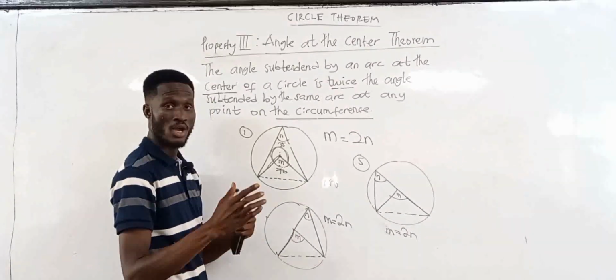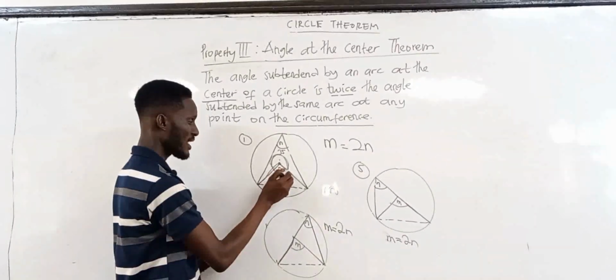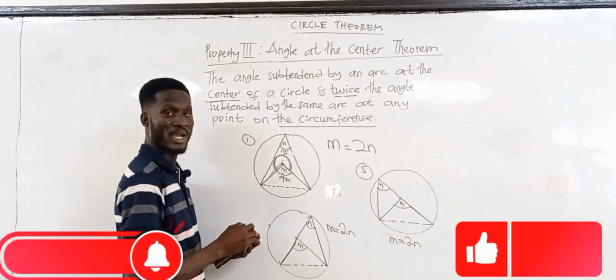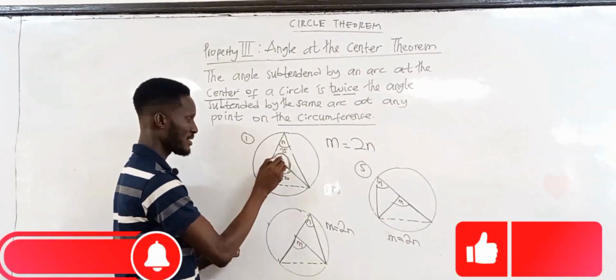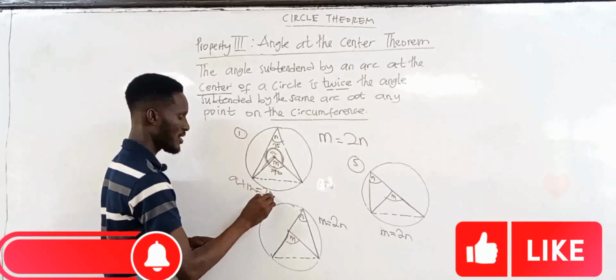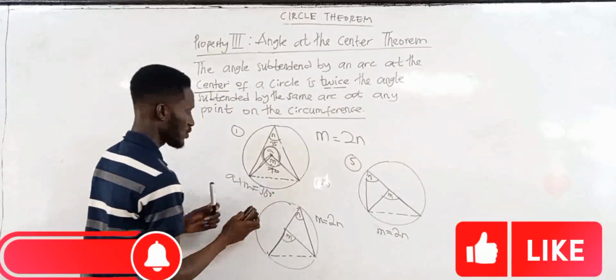So this and this add up to what? 360 degrees. So if here is A, then A plus M should give us 360 degrees. So the question can come directly. So don't forget this one.